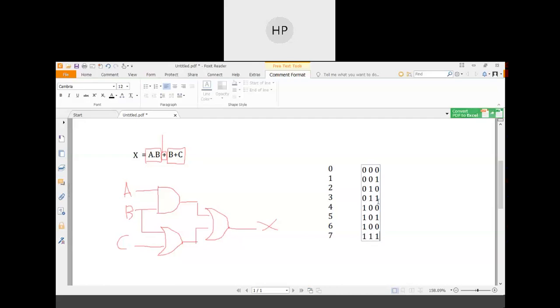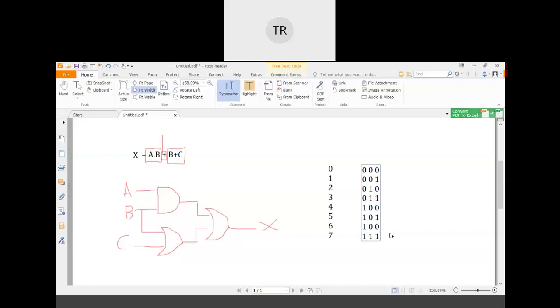Now tell me, can you see the pattern over here?